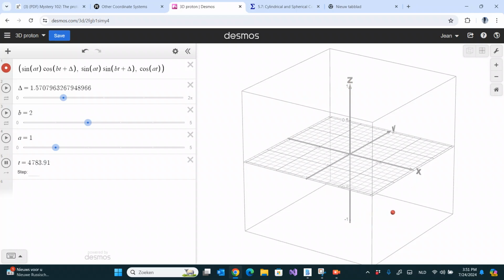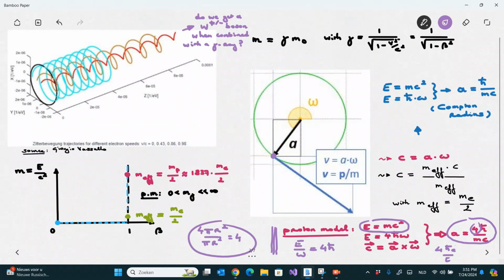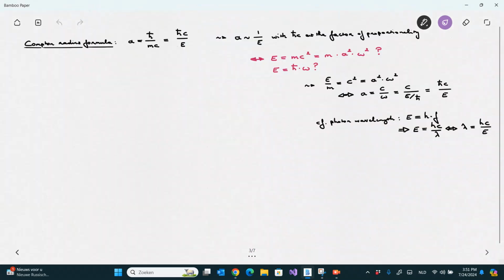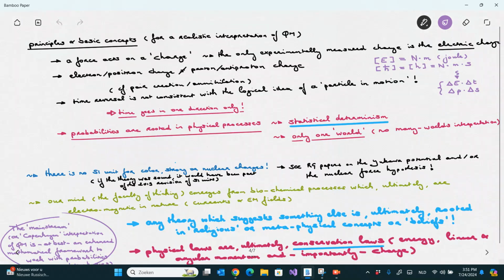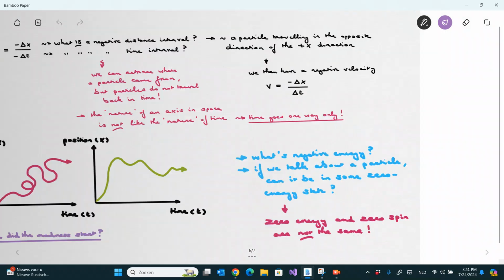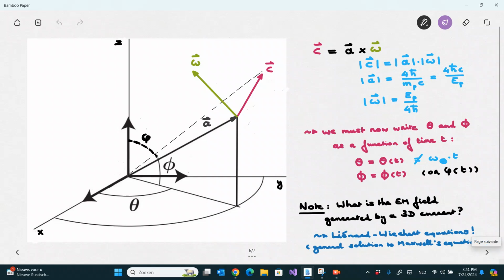So you do get a spherical trajectory, but as you can see, the velocity of this point-like charge is not constant. And that's, of course, what we want to have in our model. Let me show that. I'll come back to a few notes later.